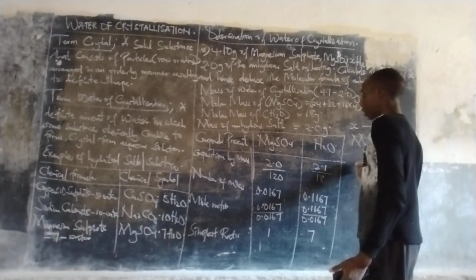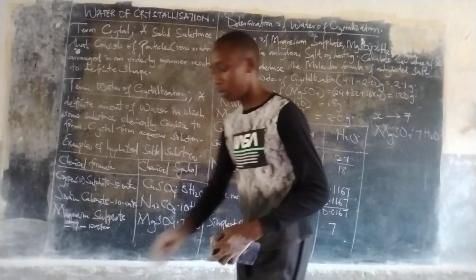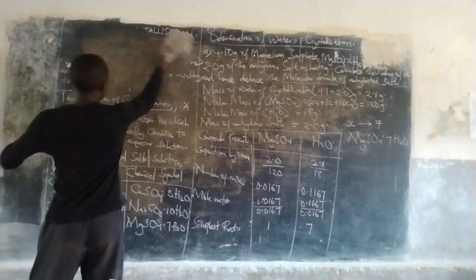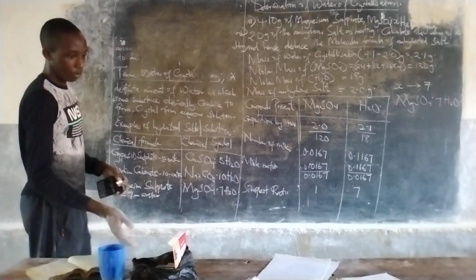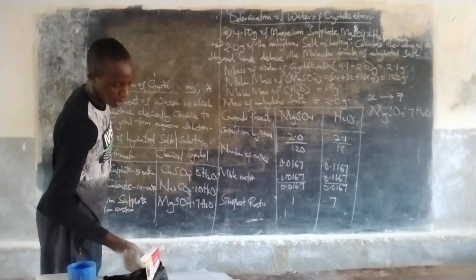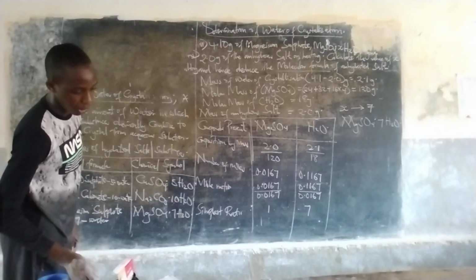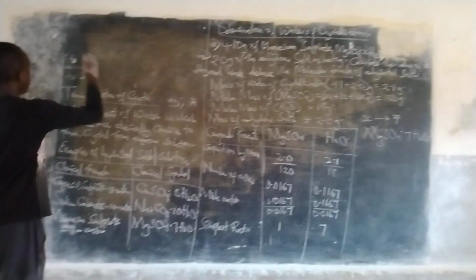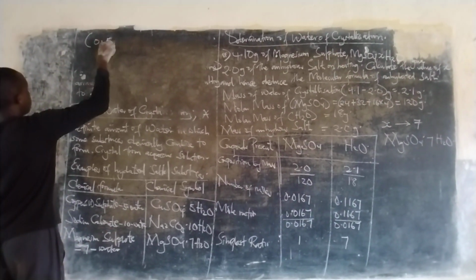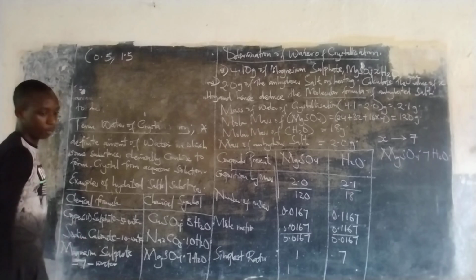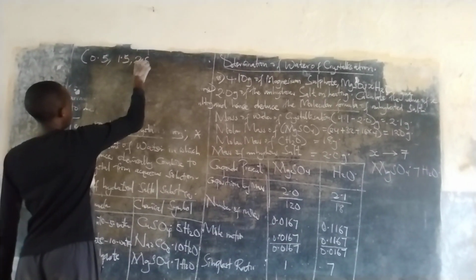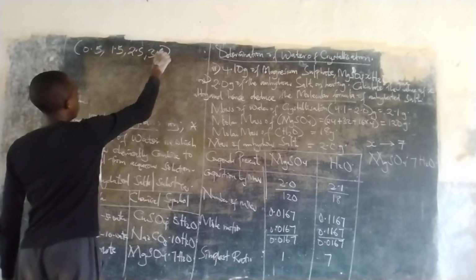Whenever you divide to get the mole ratio, you may get answers like 0.5, 1.5, 2.5 or 3.5.